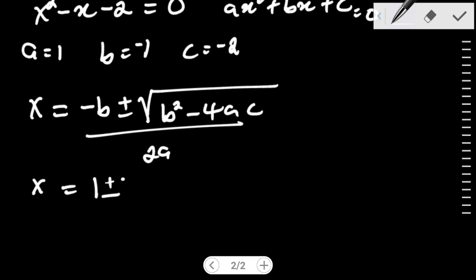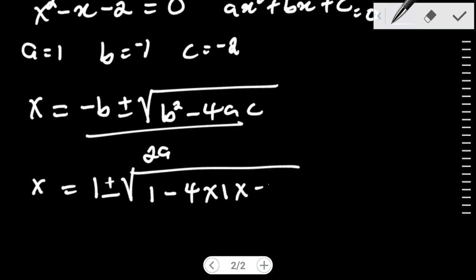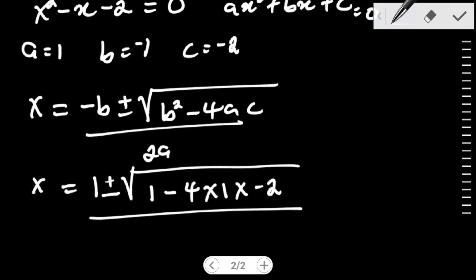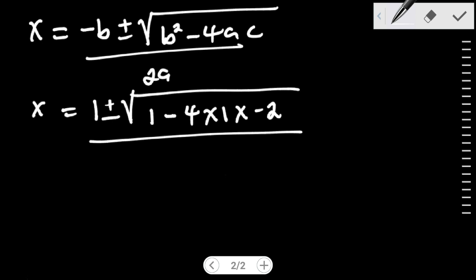Positive or minus root of, now b squared, b is negative 1 squared, that means I'm going to have a 1, so minus 4 times a, which is 1, times c, which is negative 2, all over 2 times a, 2 times 1, which is 2.